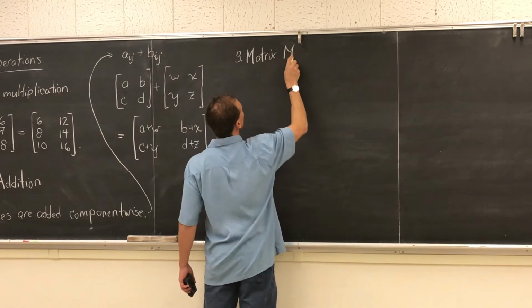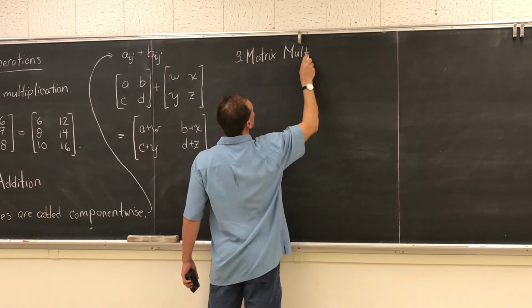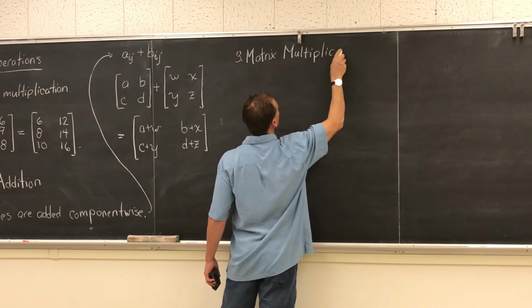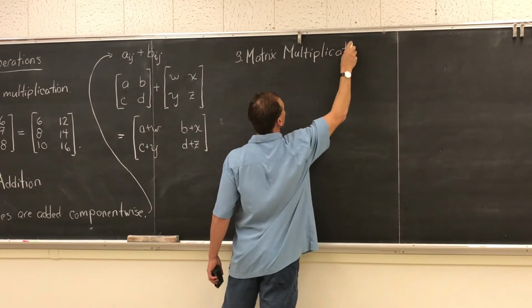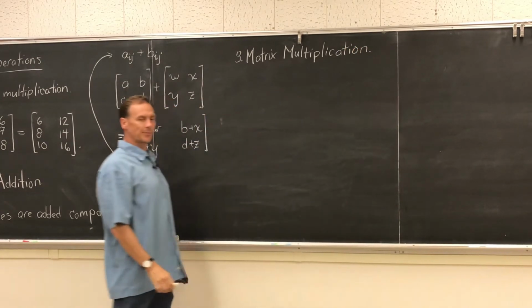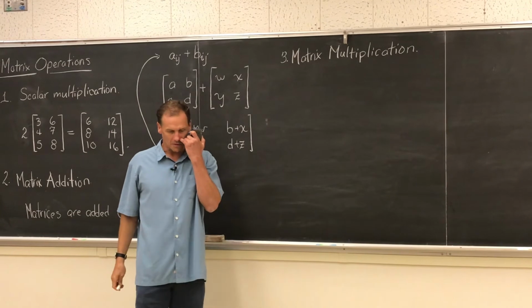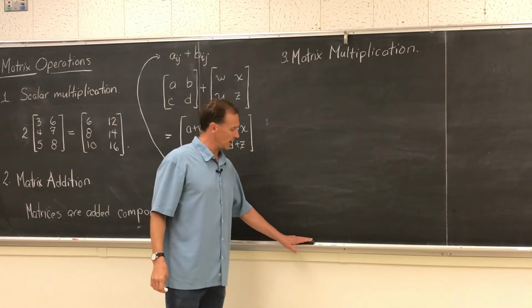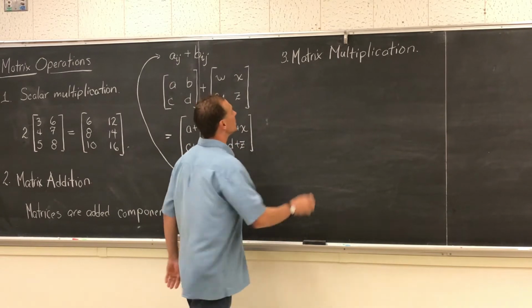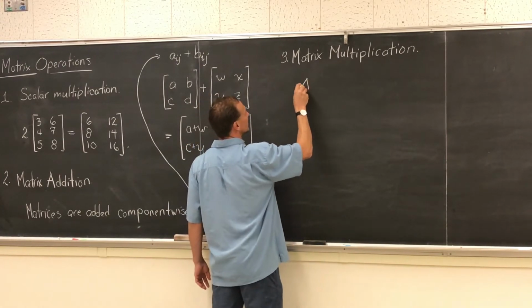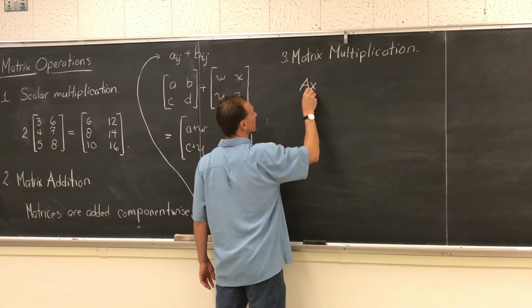Matrix multiplication. Now, we've already started this process. Do you remember when we started with something like A times the vector x?